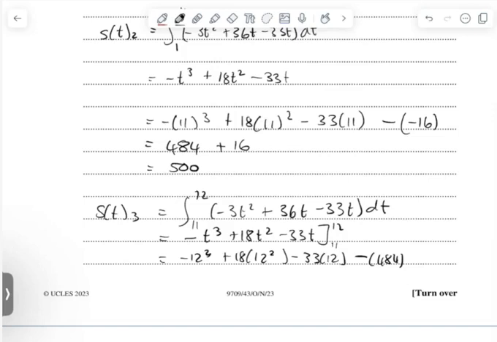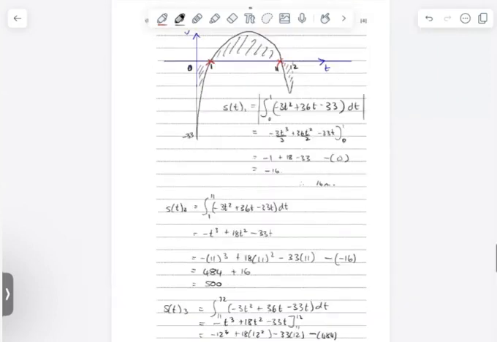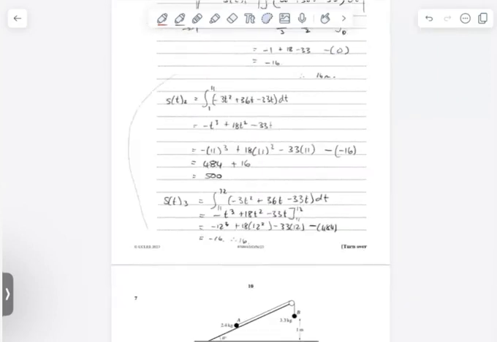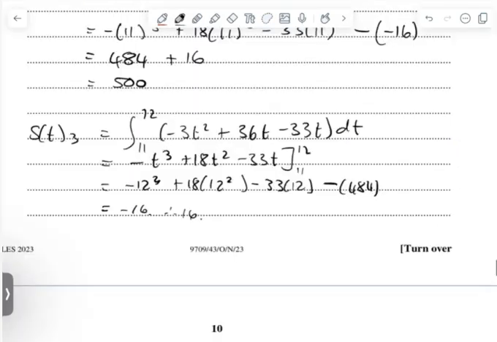Okay, so I also get an answer of minus 16, so therefore 16 meters. Okay, and if I look at my total answer, I've got 16 plus 500 plus 16. And that gives me a total of 532 meters.